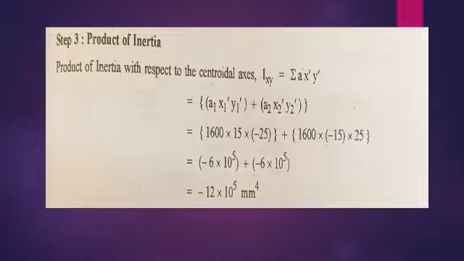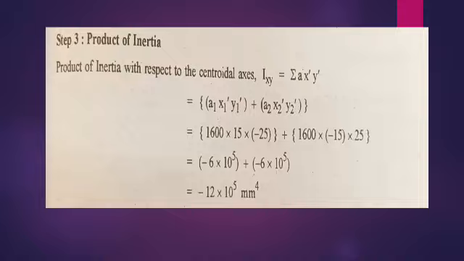Then we are going to find the product of inertia with respect to the centroidal axis. Ixy is equal to the summation of a x dash y dash. Here we have two components, therefore we have to add both components' values: a1 x1 dash y1 dash plus a2 x2 dash y2 dash.